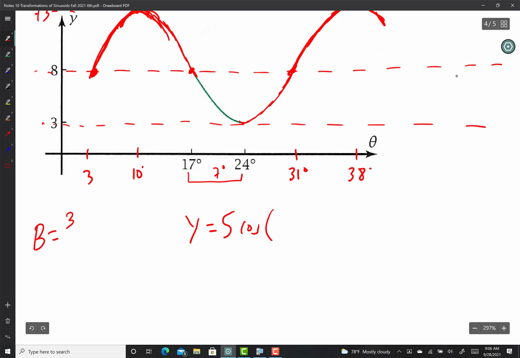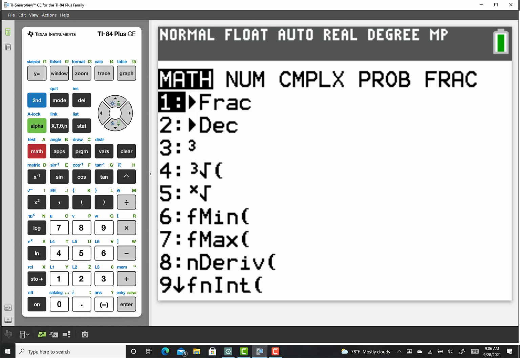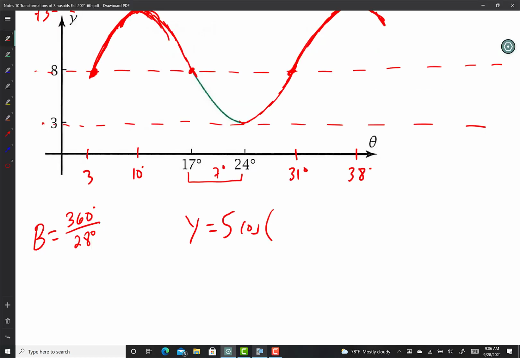B is equal to 360 divided by the period, because we're in degrees. The period is 28. So I'm going to take my calculator, and I'm going to go 360 divided by 28. I'll push enter, math, fraction, enter, and I got 90 over 7. Leave it as 90 over 7.